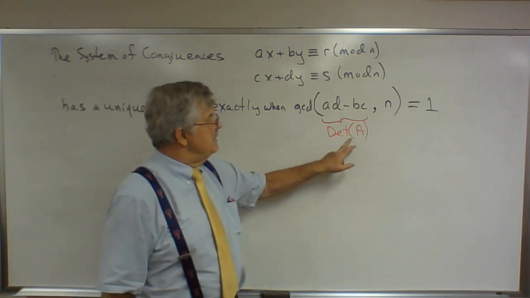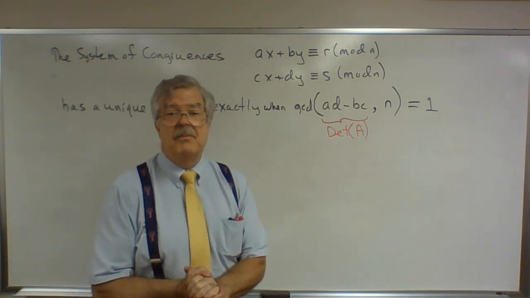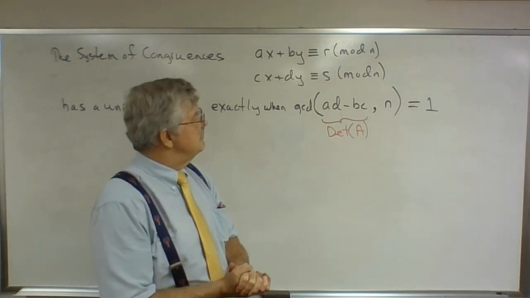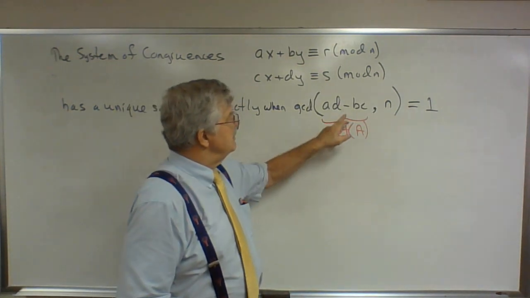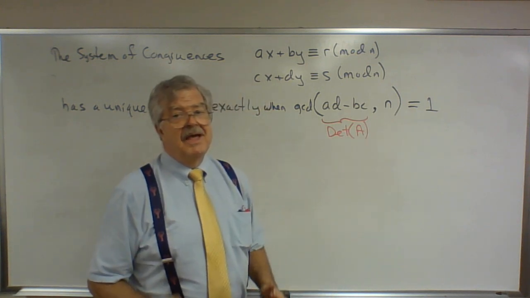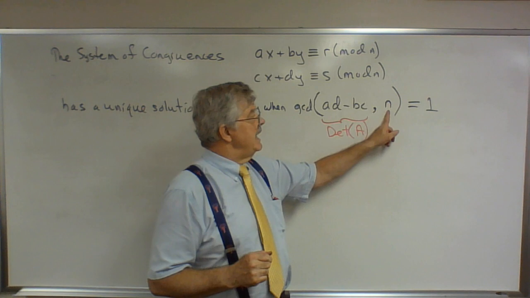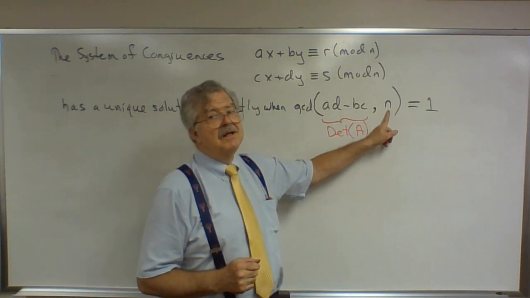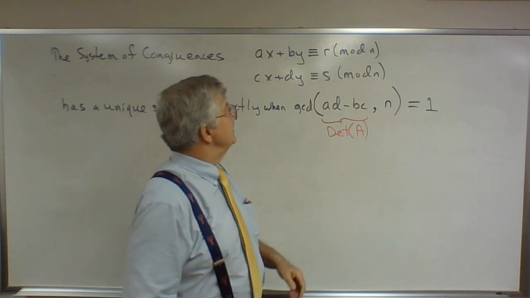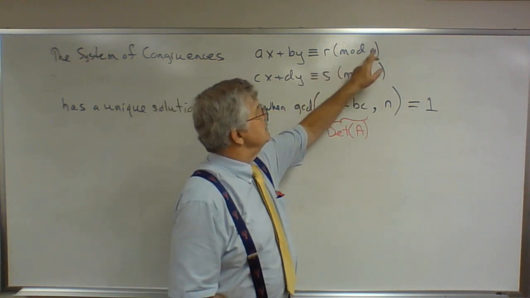Now, if the determinant of A is equal to 0, all bets are off because the greatest common divisor of 0 and n is n. It's not 1. And we can't say, oh, well, what happens if n is equal to 1? No, in modulo arithmetic, there is no such thing as some integer modulo 1.